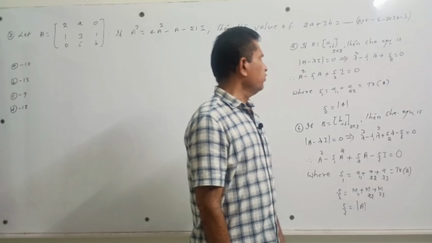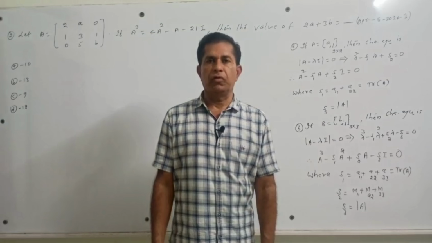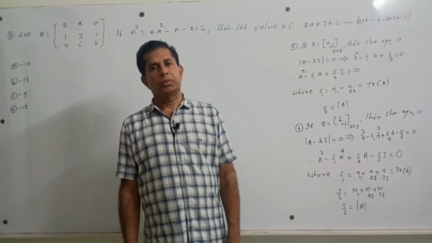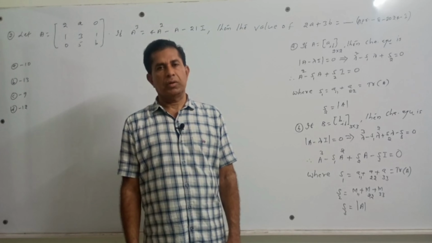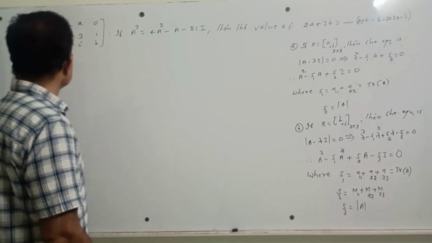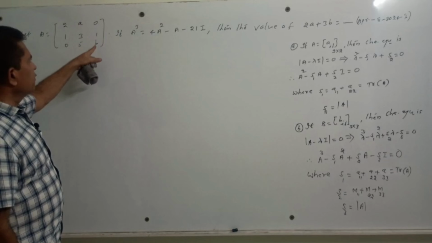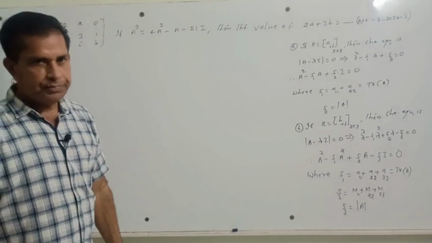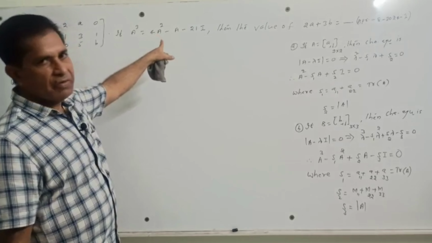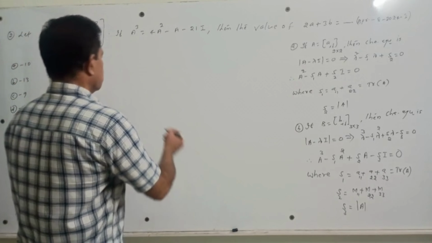This problem was given on April 8, 2024 in shift 1. So this problem is also based on the Cayley-Hamilton theorem. Now see, two unknowns a, b are there, we have to calculate them. The characteristic equation is already given, just write it in the standard form.